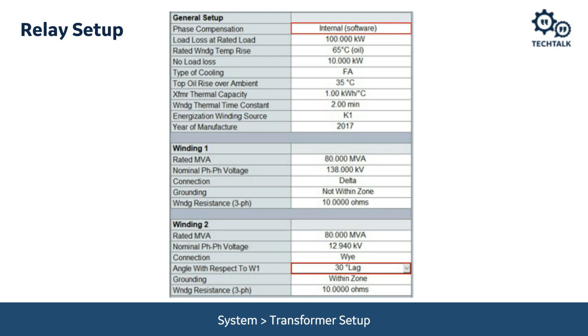The 2 things I wanted to point out, the first setting highlighted red, this is where you select if you want the phase compensation to be done by the relay automatically, or if you've modified the wiring externally to account for the phase shift. If set to internal, the relay will look at what you've entered for the connection types under the winding 1 and winding 2 settings, as well as the angle setting that you've input in that second field highlighted red at the bottom, and it'll take care of the phase shift for you.